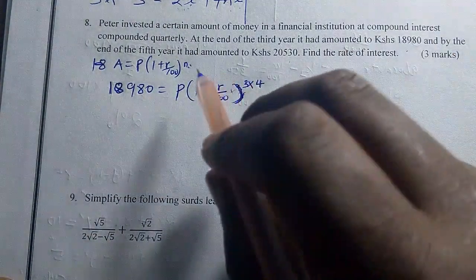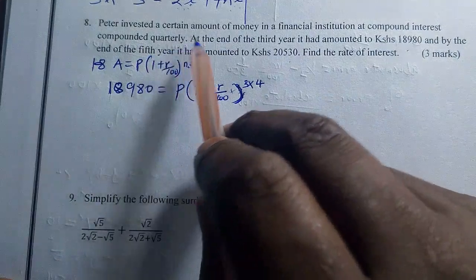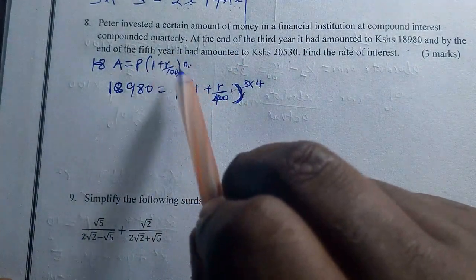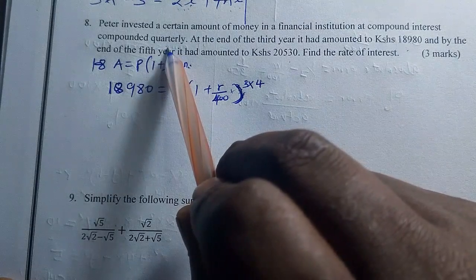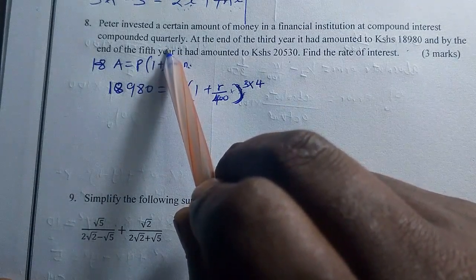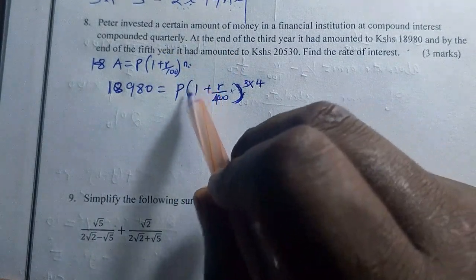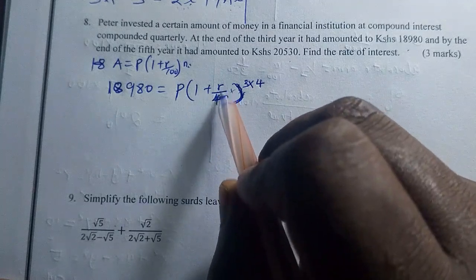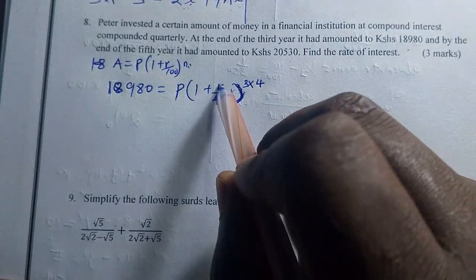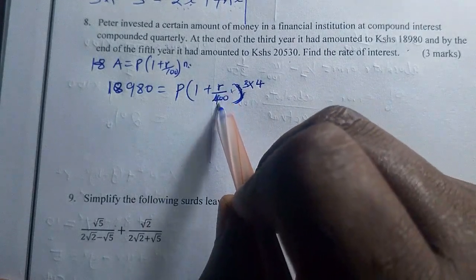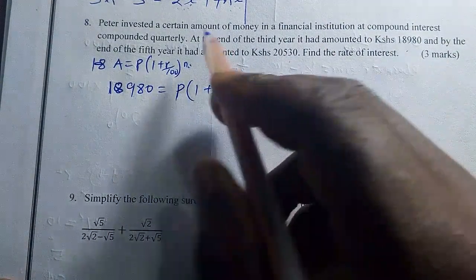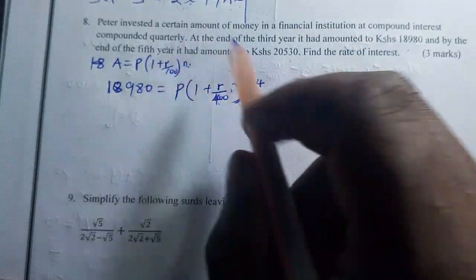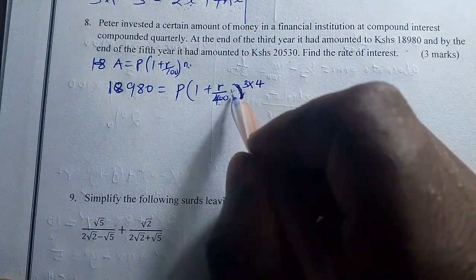I'm doing this because it is compounded quarterly. When it is compounded quarterly or half yearly, inside the rate, it was supposed to be r over 100, isn't it? So you multiply with 1 over 2 if it is half yearly, or 1 over 4 if quarterly.